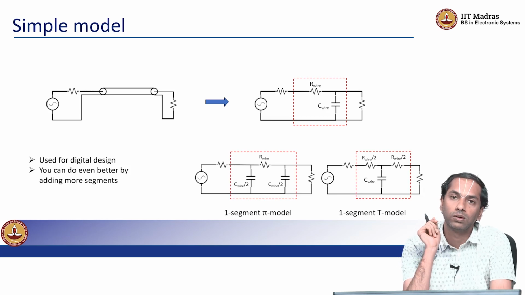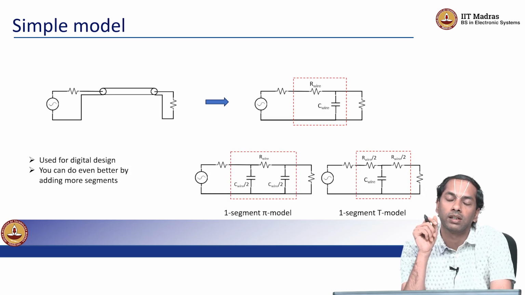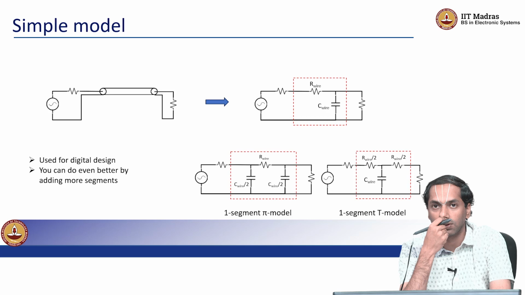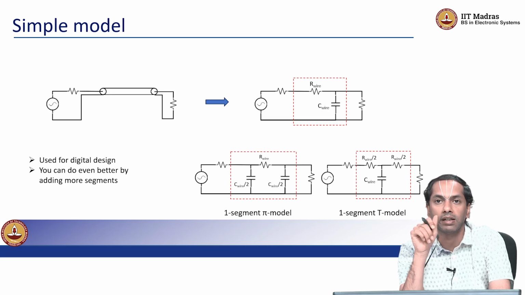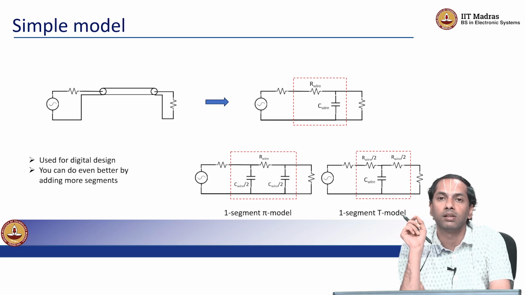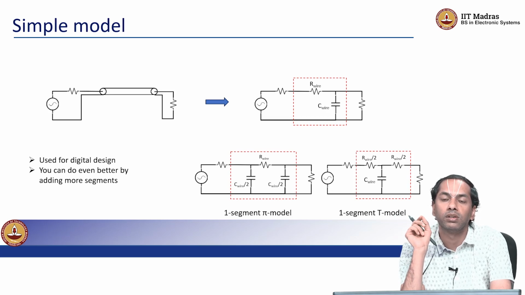And although this may seem very crude and very hasty, this is a very popular toy model for digital design, right. So when you create a CMOS chip, and you have interconnects going from one transistor to another, you very often use this so-called RC delay model, right.